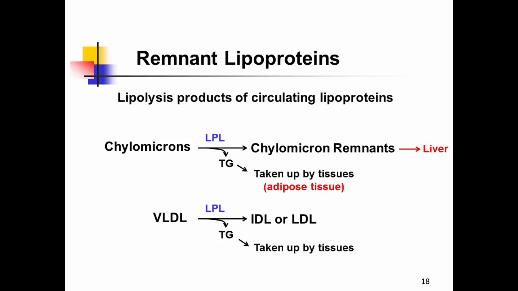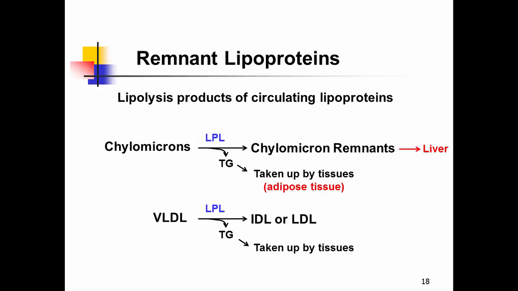Fatty acids then can be picked up by fat tissue and converted back to triglyceride and stored in the adipose tissue under fed condition. So once most of the triglyceride is removed from chylomicron, it becomes a chylomicron remnant, and the chylomicron remnant eventually is picked up by the liver, right?